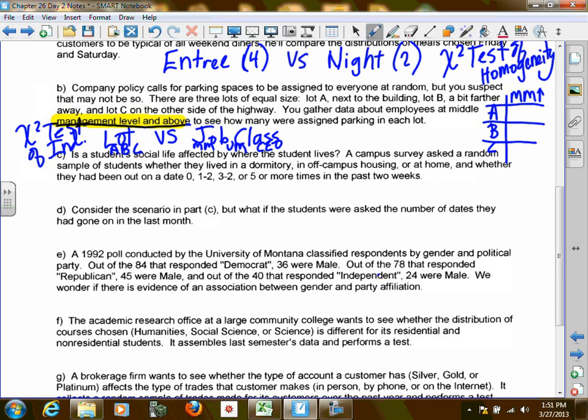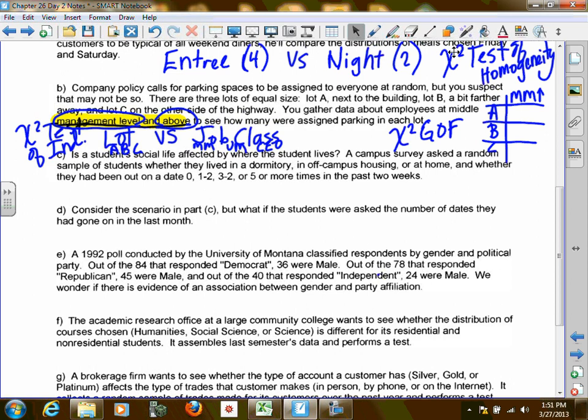Because I didn't think it was clear if mid-management level and those above them are separated. If this was the way you organized it and interpreted this, it would be chi-squared goodness of fit, because I only have one column with my various lots.